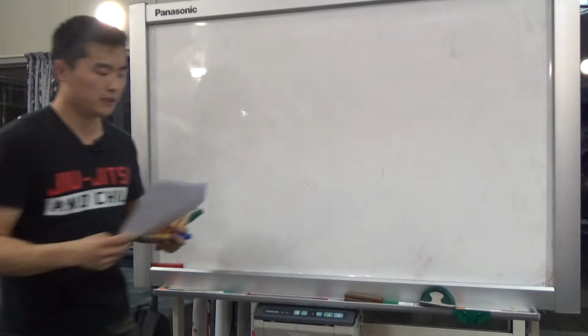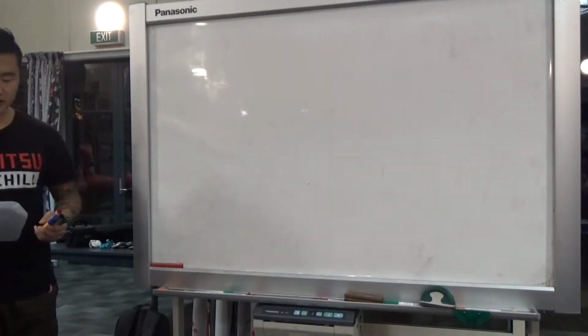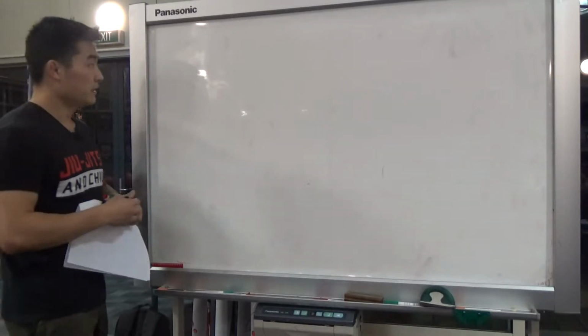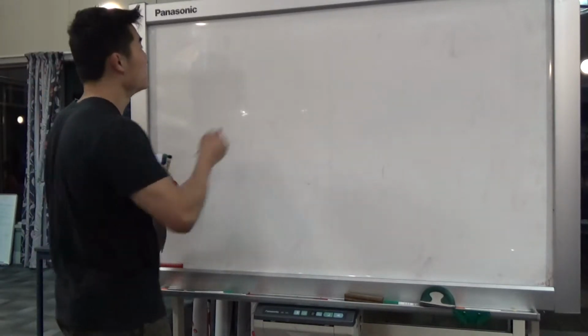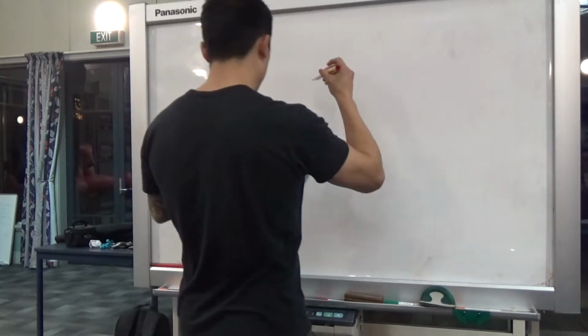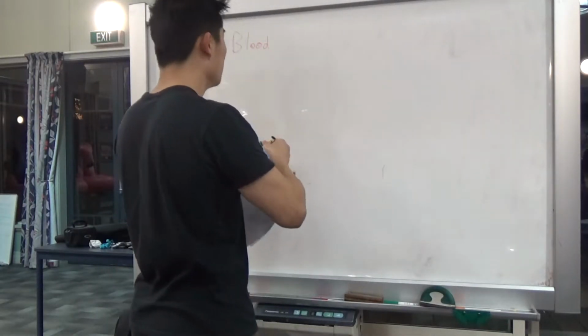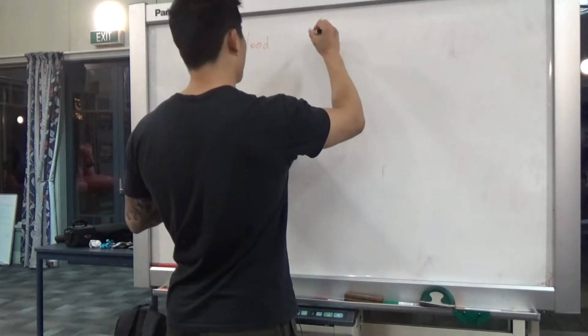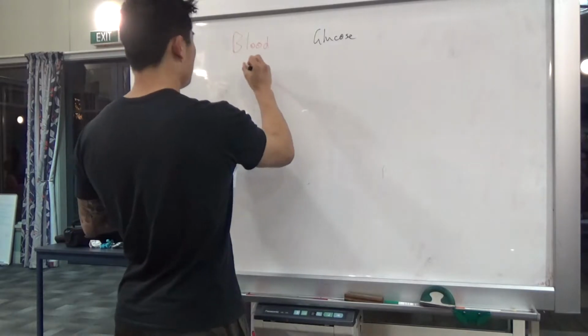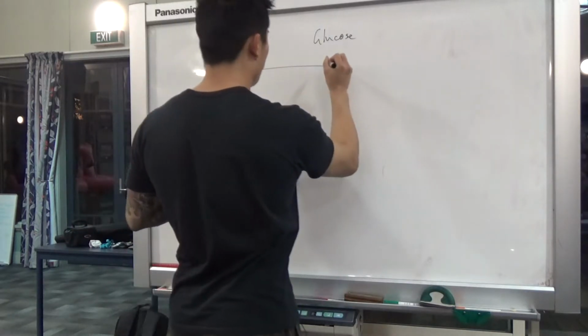So I just want to go through all these steps again, but using the diagram. So at the top, we have our blood. In the bloodstream, we're going to have our glucose molecule. Here's glucose, and then here's our cell membrane.